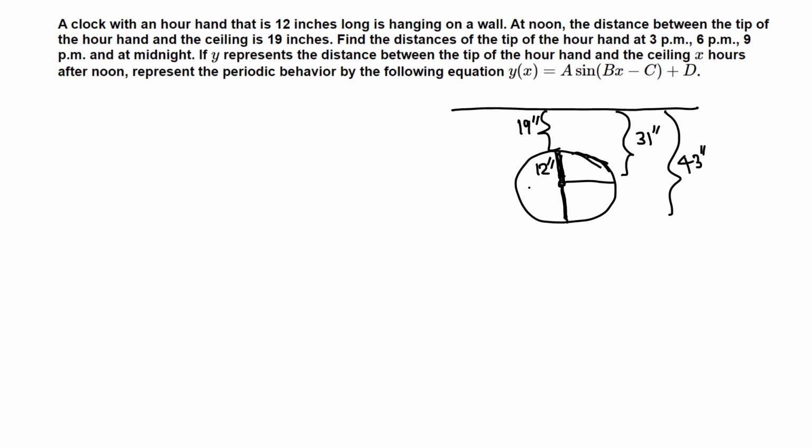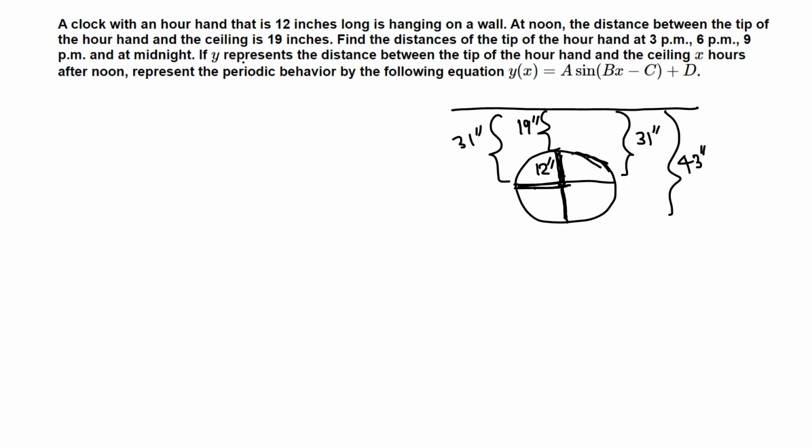At 9 p.m., same as 31, and at midnight we are back to where we started, 19 inches. So this is a periodic function. The distances make a periodic function.